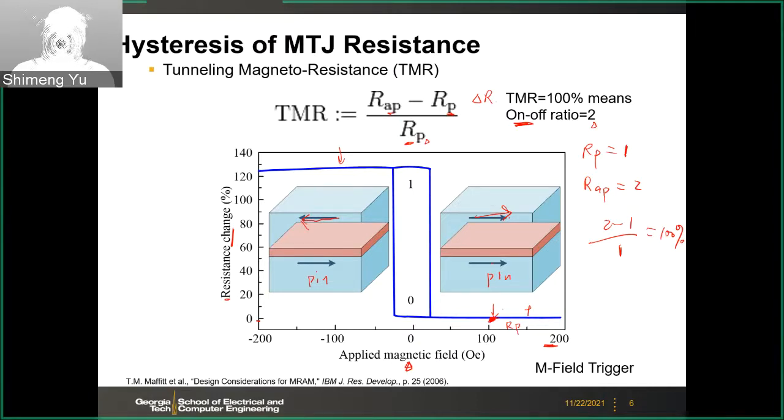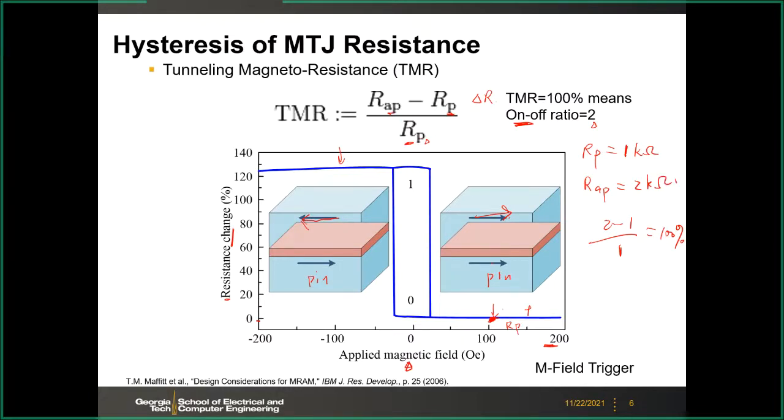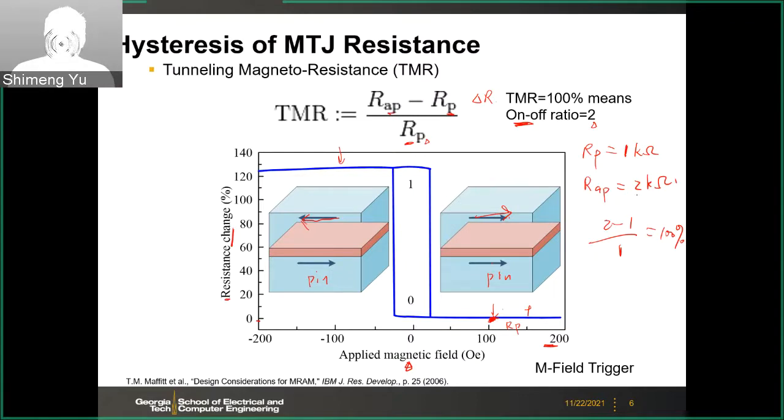This is actually very challenging for the sense amplifier to distinguish the differences because the changes are so small. Although it's 100%, this is just like 1 kilo ohm versus 2 kilo ohm. So your low resistance state is like 1 kilo ohm, your high resistance state is like 2 kilo ohm. So it's a pretty small change.